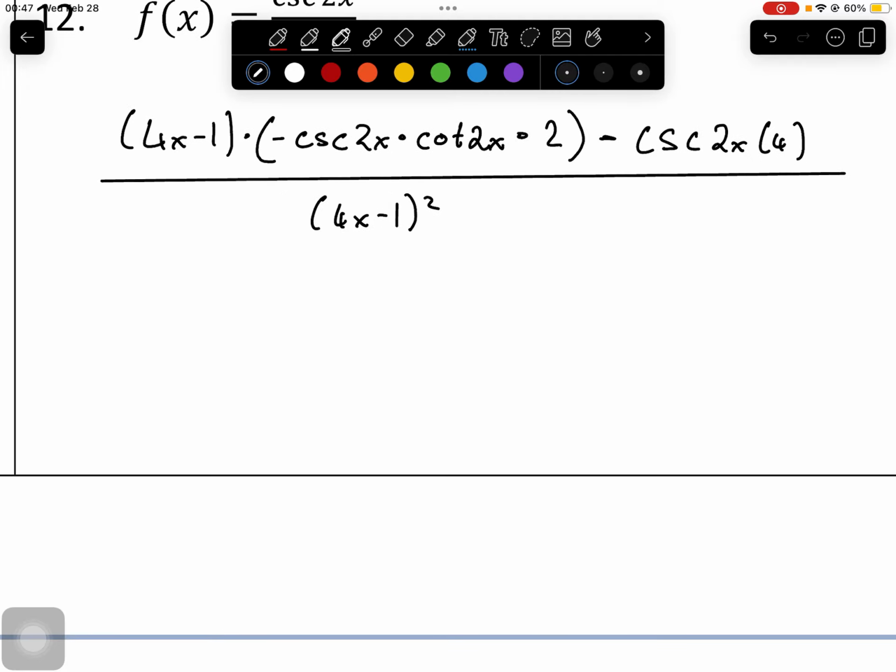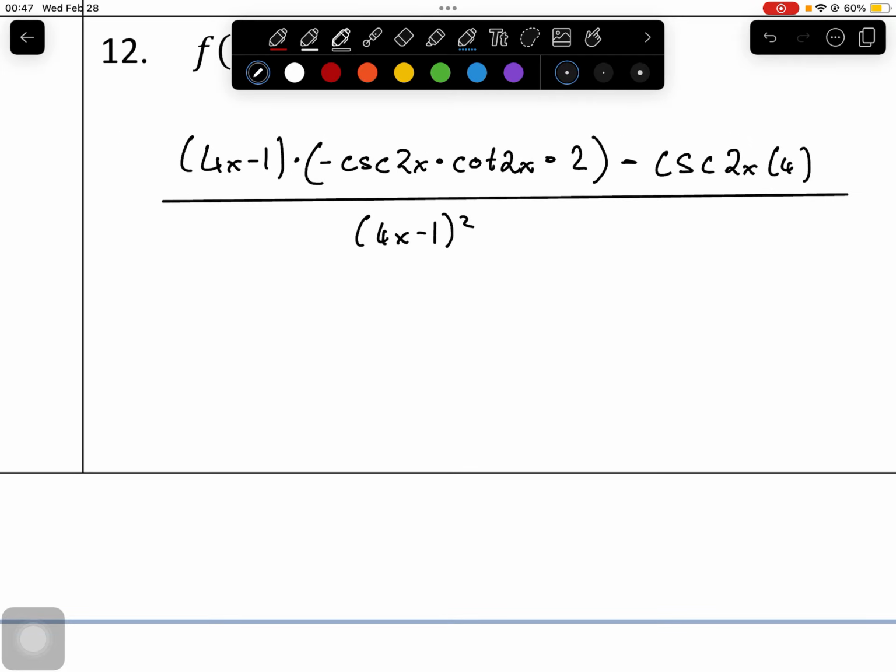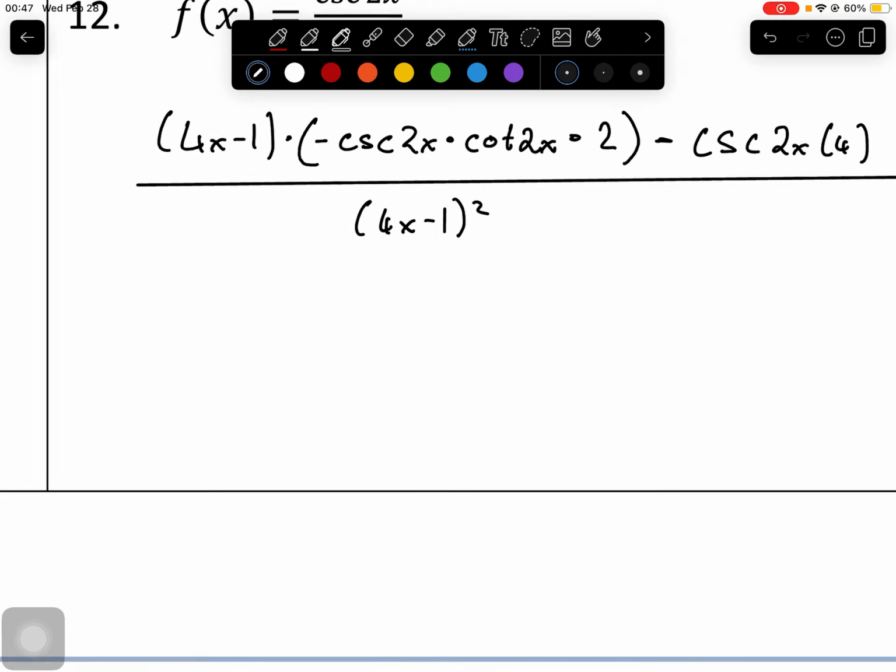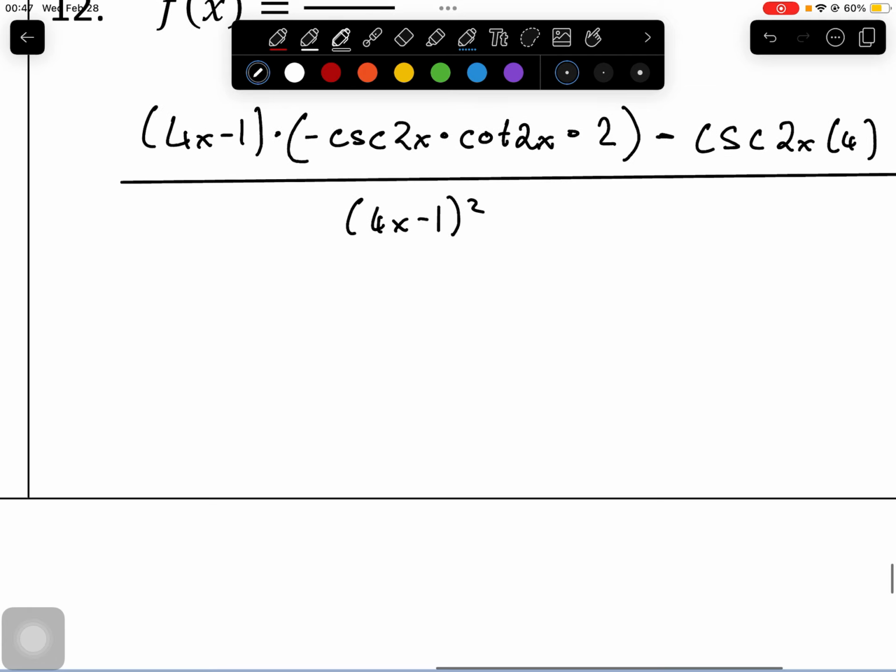All right, now the 4x minus 1, looks like nothing's gonna cancel, so I think I'm just gonna leave it like this. But let's see what the answer key says in a second.